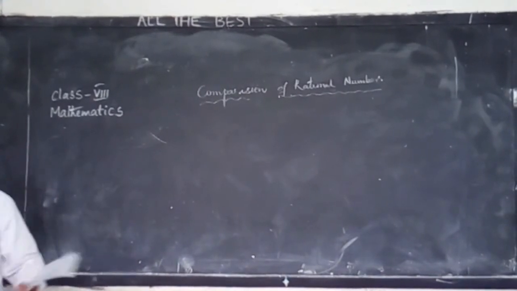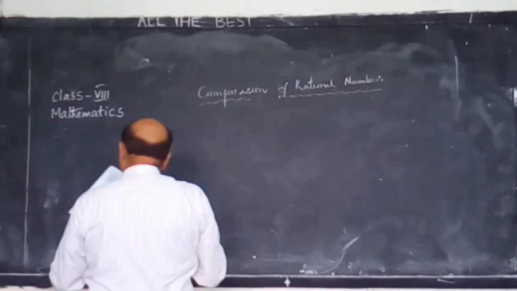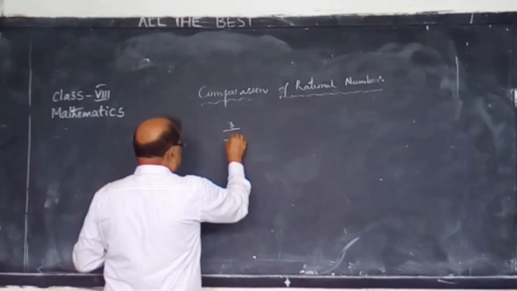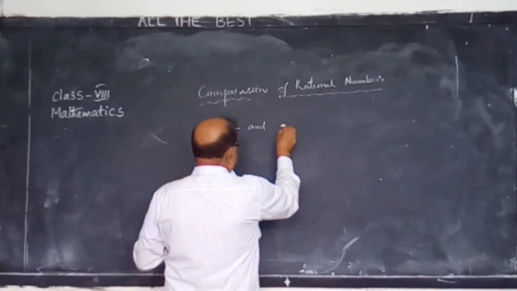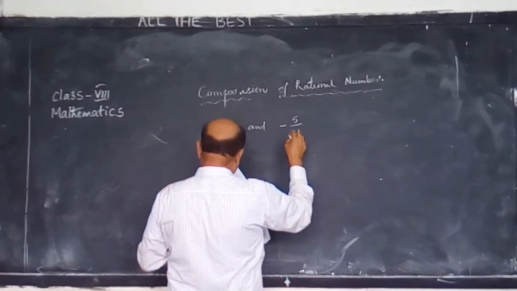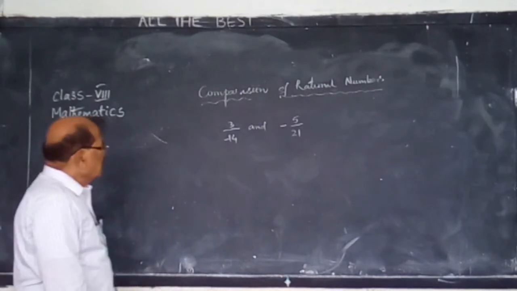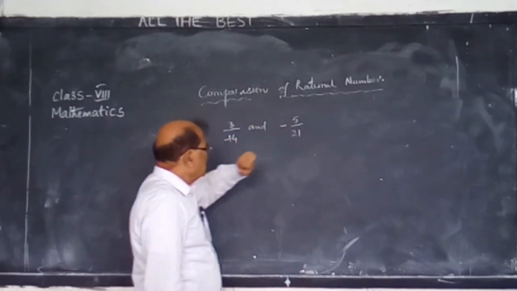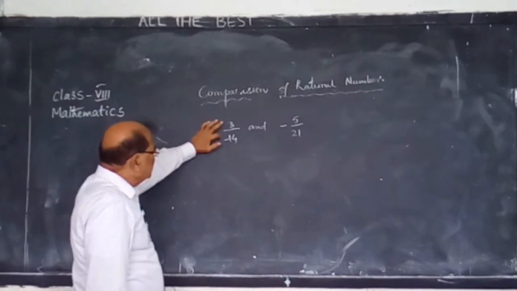So the another example is 3 by minus 14 and minus 5 by 21. So this is an improper fraction.